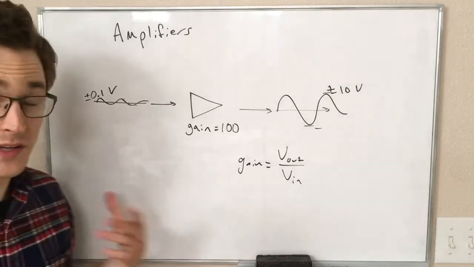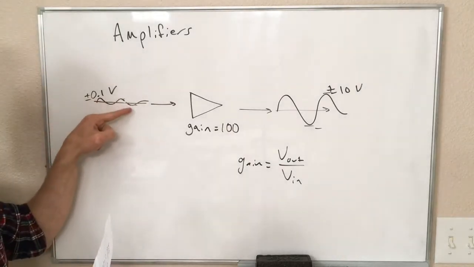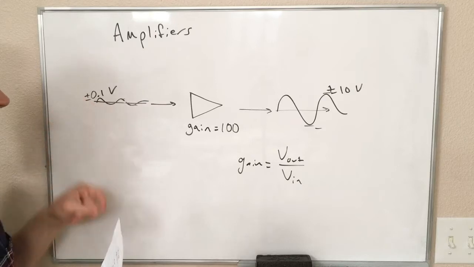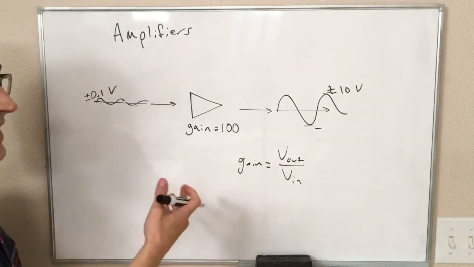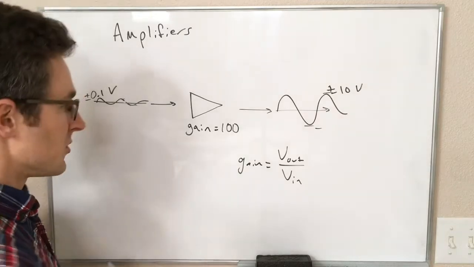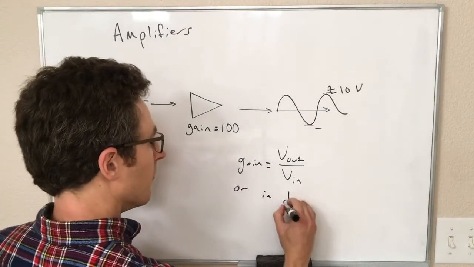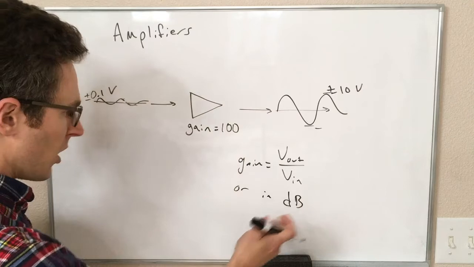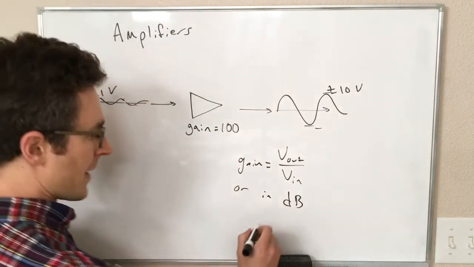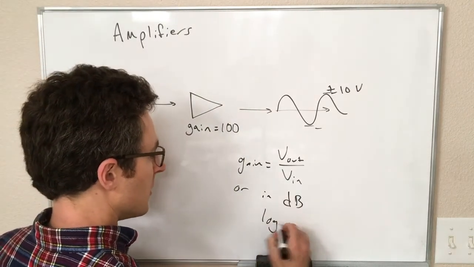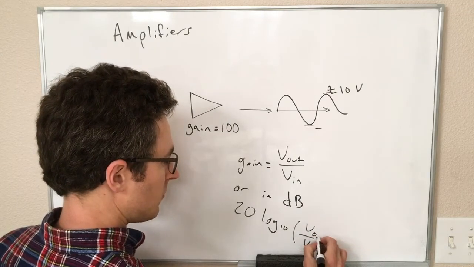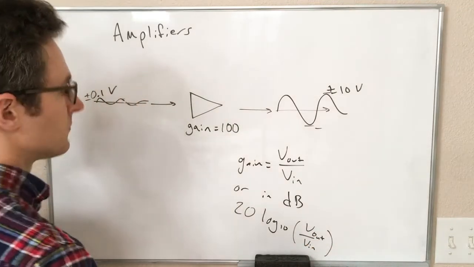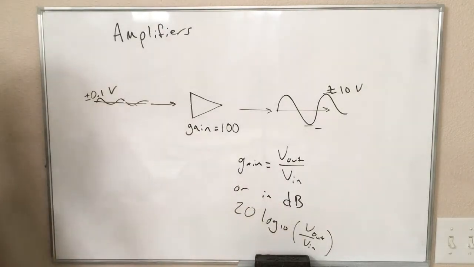It's essentially multiplying every voltage data point on this curve by a factor of 100. We can also express amplifier gain in decibels, and the equation for converting to decibels is still exactly the same. It's 20 times the log of that same voltage ratio. So we've seen that before.